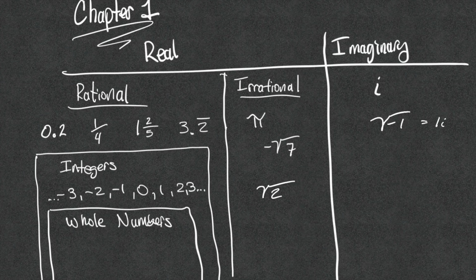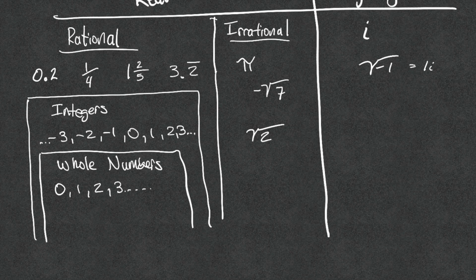Our whole numbers include 0, 1, 2, 3, and so forth. Notice that whole numbers do include 0.